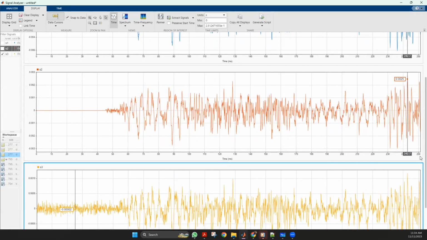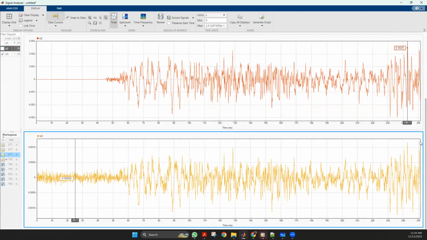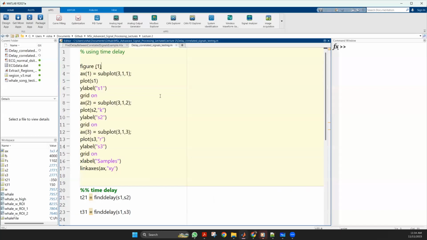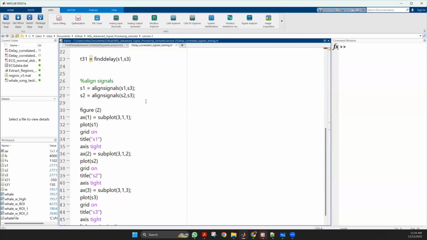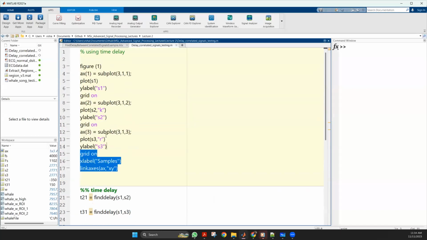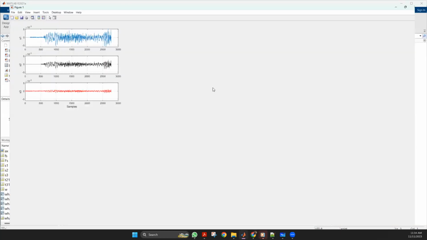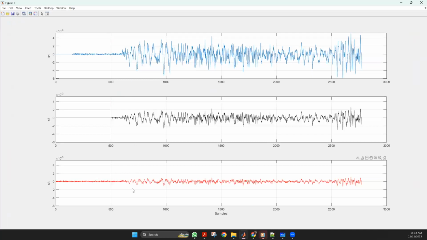We can do that by using several functions that are available in MATLAB. In this code, first I'm plotting the original signals, which are the original signals that we evaluated just now. We can see that each of the signals has a different starting time.